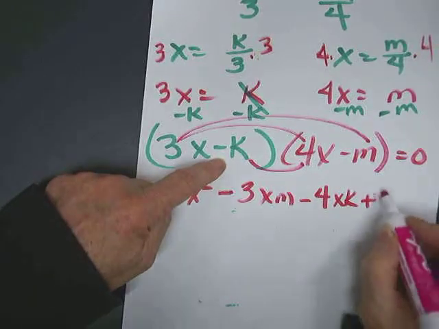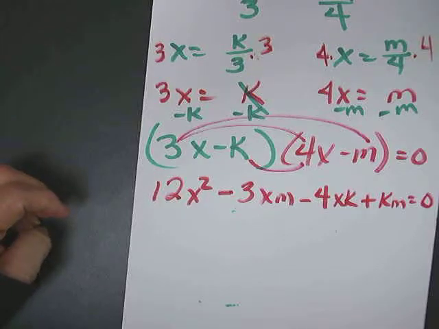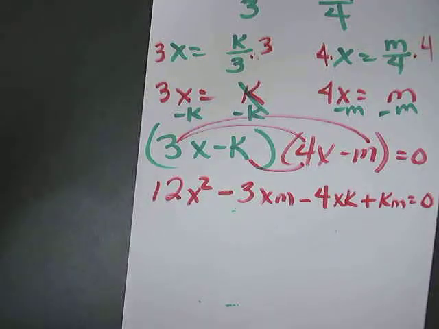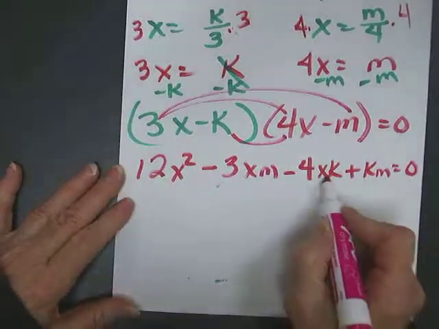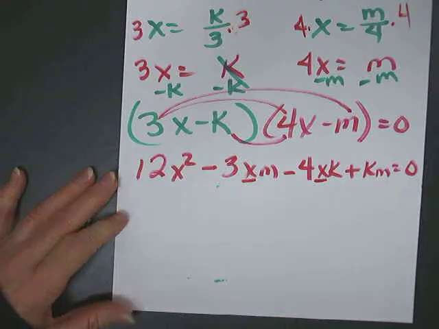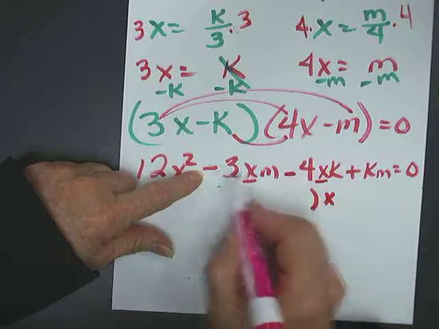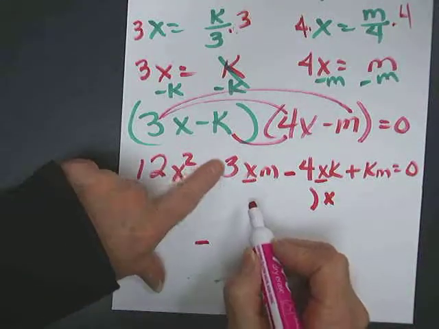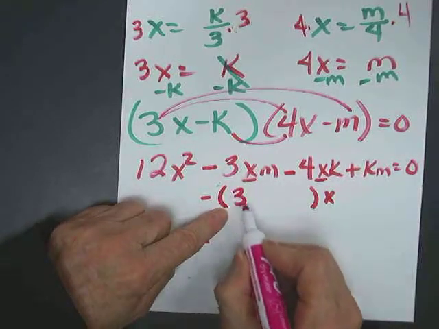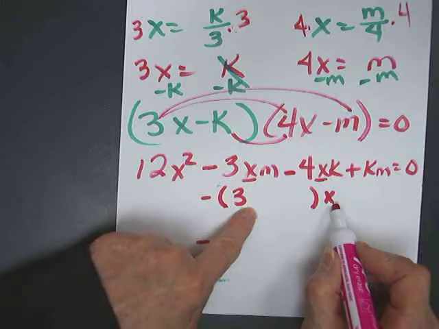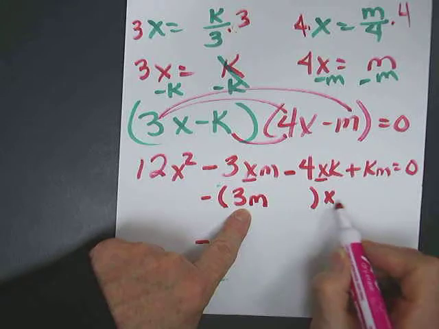Okay, let's FOIL it. 12x squared minus 3xm, or mx, it doesn't matter, minus 4kx, xk or kx, either way, and then plus km or mk, it doesn't matter. Kind of normal is put them in alphabetical order, but whatever.